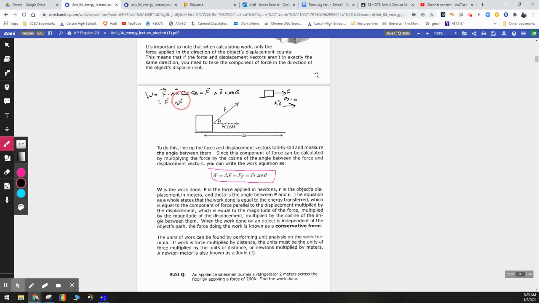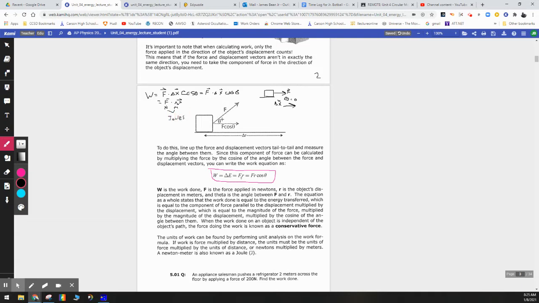Because the force and displacement are parallel, this can be considered maximum work. The units here are newton and meter, so newton meter gives us the unit of joules.